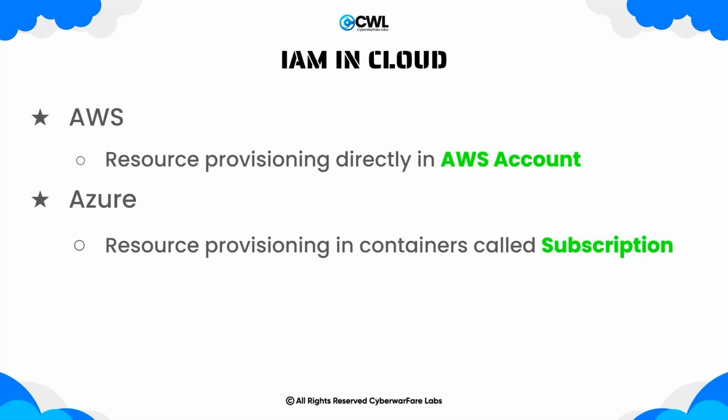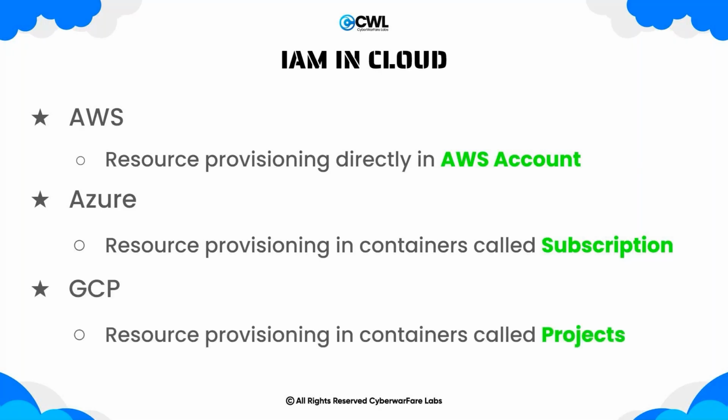In AWS, it is provisioned through the account, and in Azure, it is provisioned through subscription. And in GCP, the same container is known as projects. So in GCP, we provision a project, and inside the project, the resources are spun up and managed. So AWS manages the resources through accounts, Azure through subscriptions, and GCP through projects.